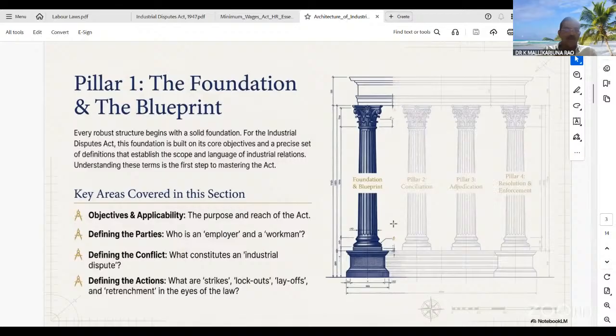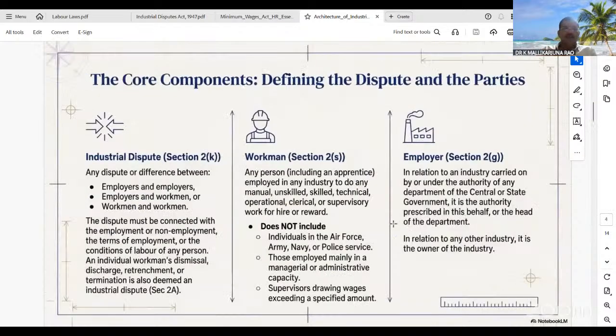The definitions we will see. And what are the causes of disputes, and what are the causes of strikes, lockouts, layoffs, or retrenchment under this law? Then, what are the two core components, and which parties are involved in the conflict?